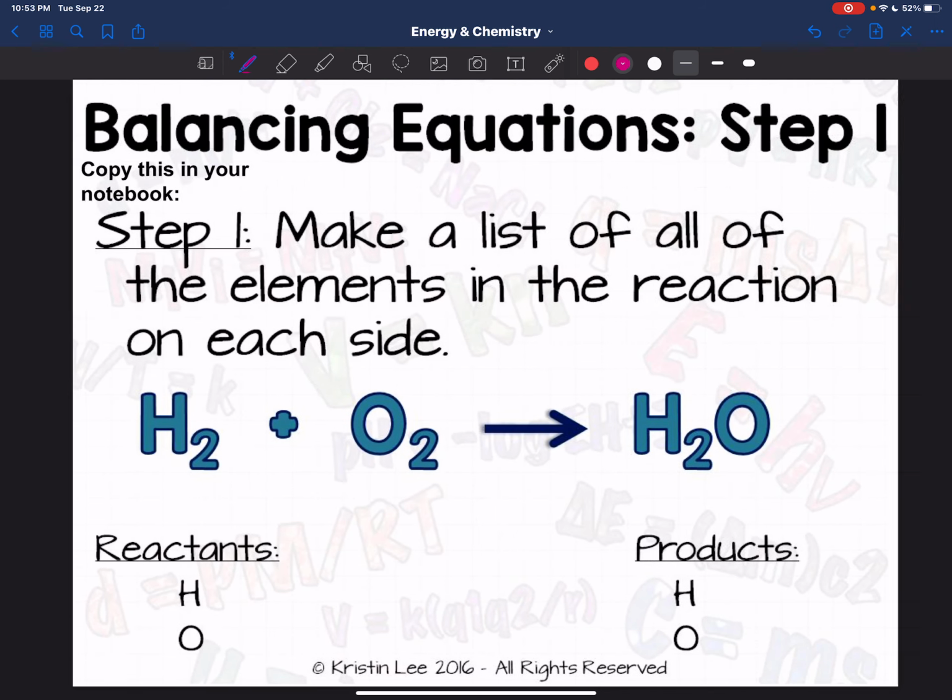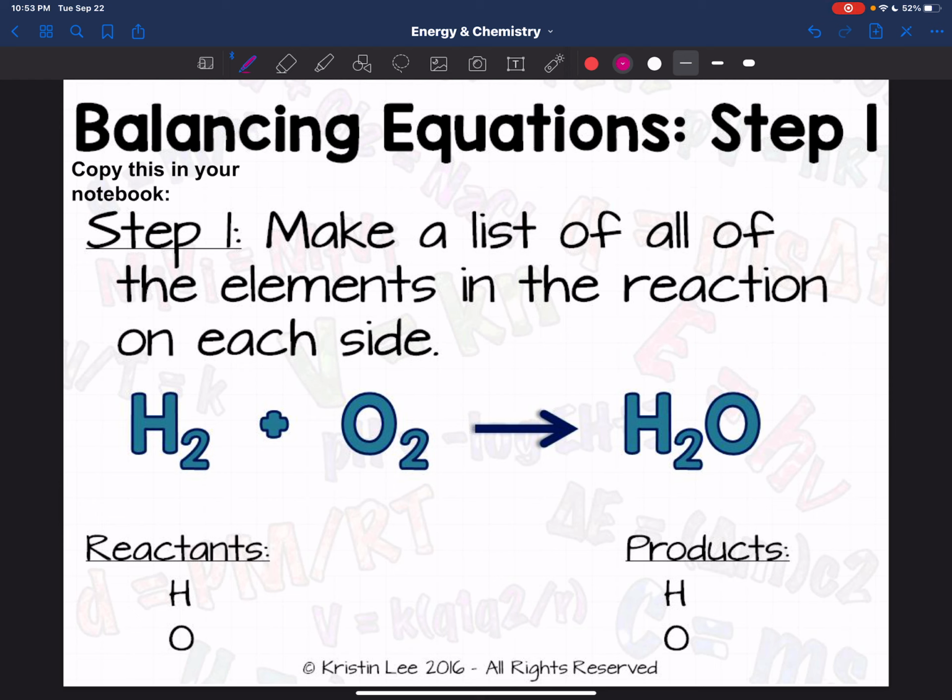All right, so now we're going to look at the steps here. Copy this in your notebook. What I would actually do is split your page in half. I would write the steps on one side, and then the actual equation with the process on the other, so draw a line down the middle of your page.